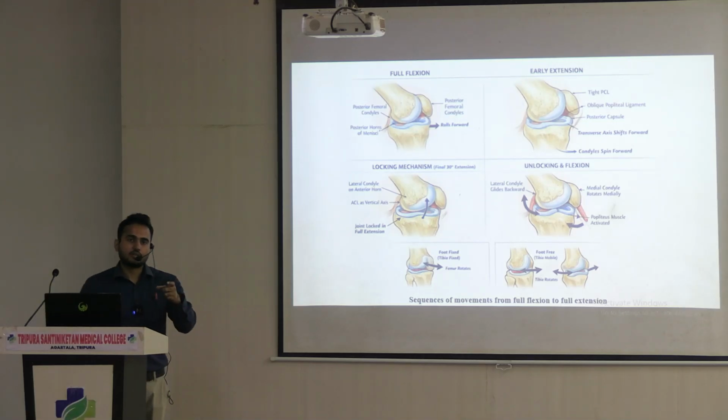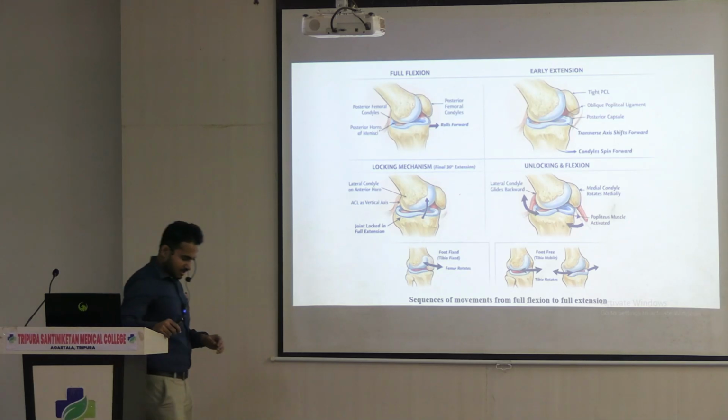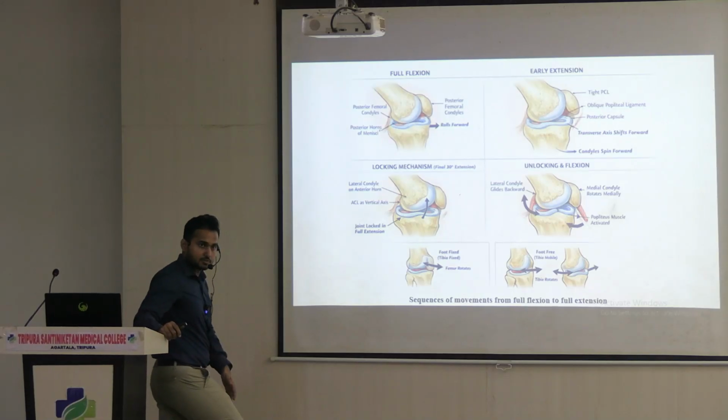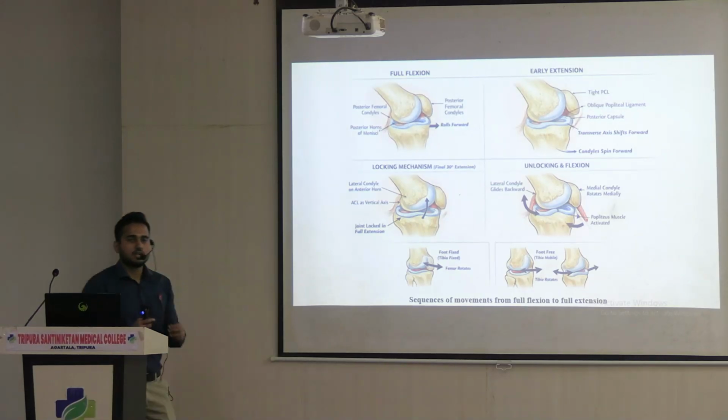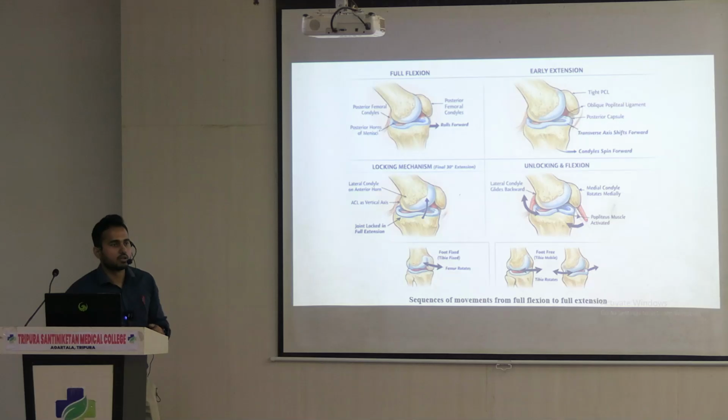When I explained the meniscus, I told you that there is an anterior horn and a posterior horn of the menisci. So when extreme flexion is finished, the femoral condyles are resting on the posterior horn of the menisci, as you can see.